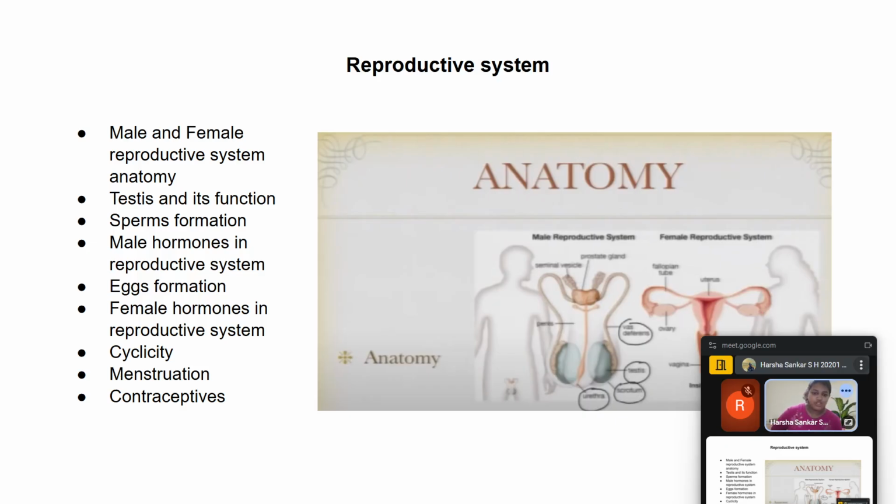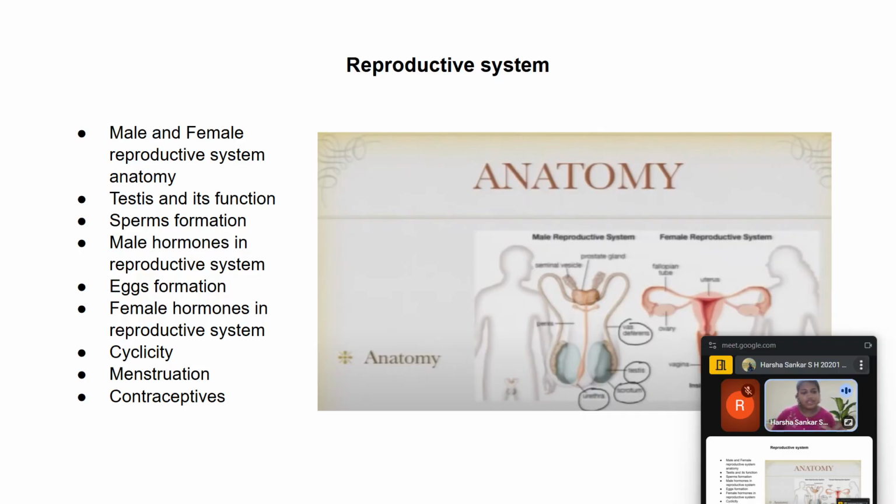Males can produce sperm at any time after puberty, but in females it's a cyclic event. There are two important hormones, estrogen and progesterone. Other than LH and FSH, a lot of hormones are there, each with a specific function. That's why cyclicity is important in females.